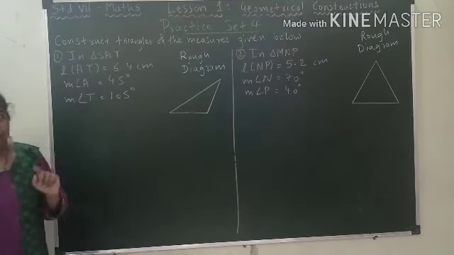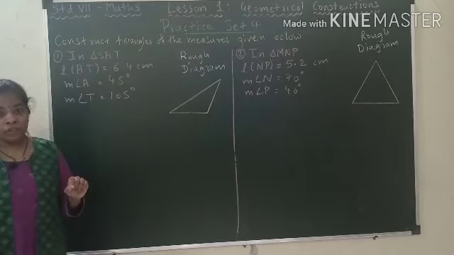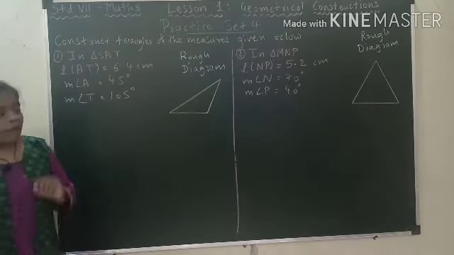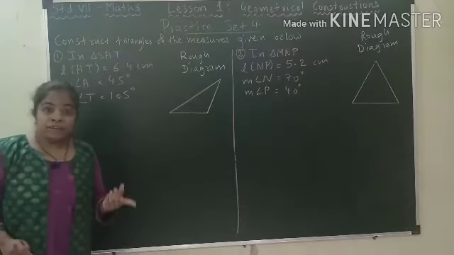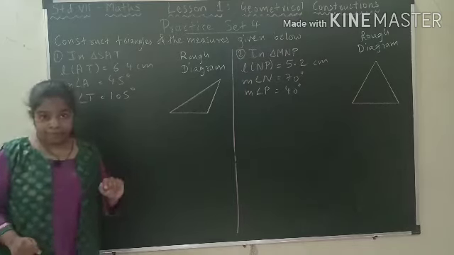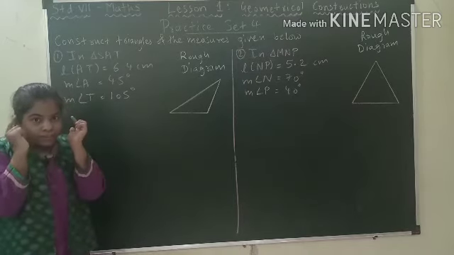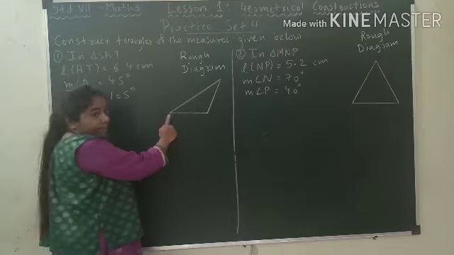See students, placing the angles in the correct positions is very important, because if you mark the alphabets anywhere, then later on you will have difficulty in making the angles. So think consciously and place your angles only at the base.